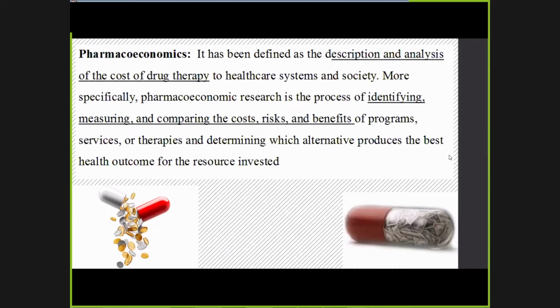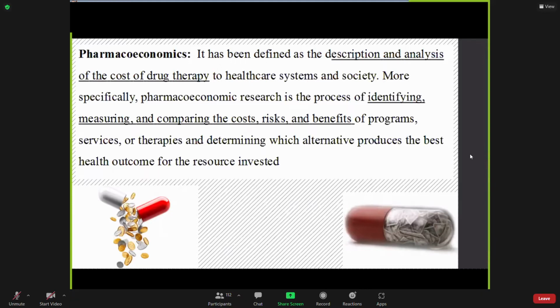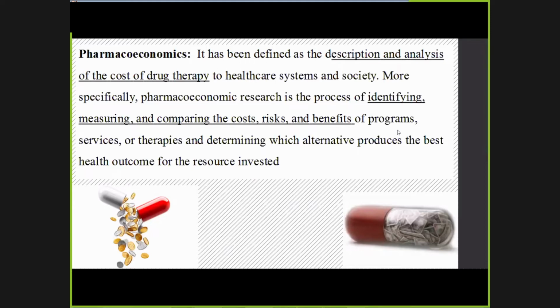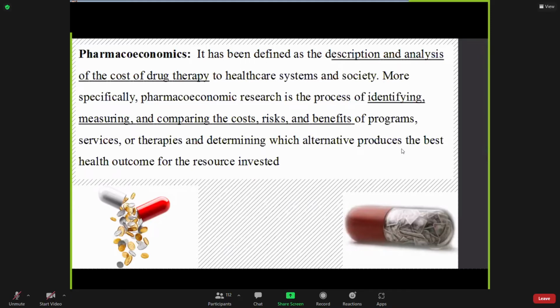More scientifically, we can say pharmacoeconomic research is a process of identifying, measuring, and comparing the cost, risk, and benefit of certain therapies, or determining which alternative produces the best health outcome for resource investors.